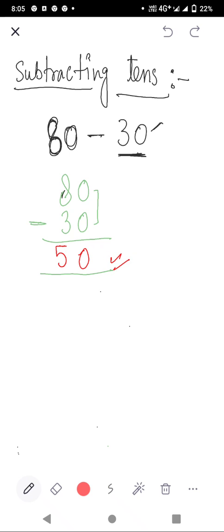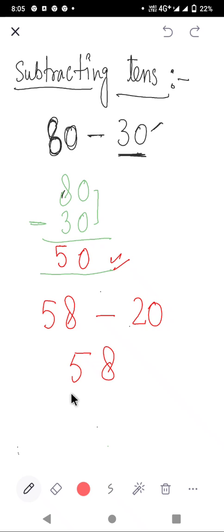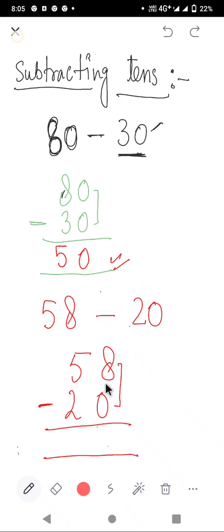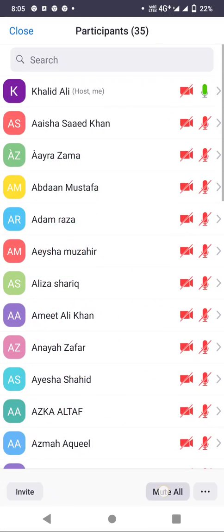Okay. This is how we have to subtract tens. Okay. Let's take another example. Here we have 58 and we need to subtract 20, means 2 tens we have to subtract from 58. So first we will arrange the numbers in column 58, then 20, then put the subtraction sign here, minus sign. So start subtracting from ones place digit. 8 minus 0. Yes, 8 minus 0 is?